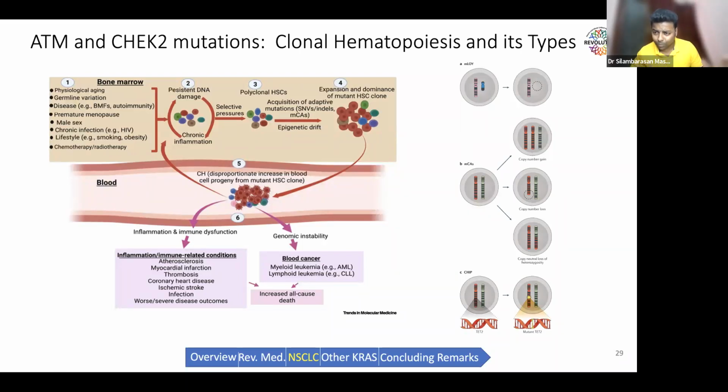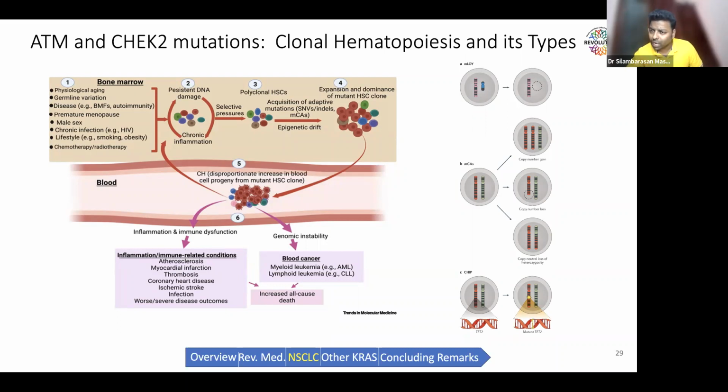All these classes of mutations can occur in the normal natural aging process and can be present in the blood sample. So when you compare with the tumor, you cannot distinguish whether it comes from the tumor or from the normal cells.